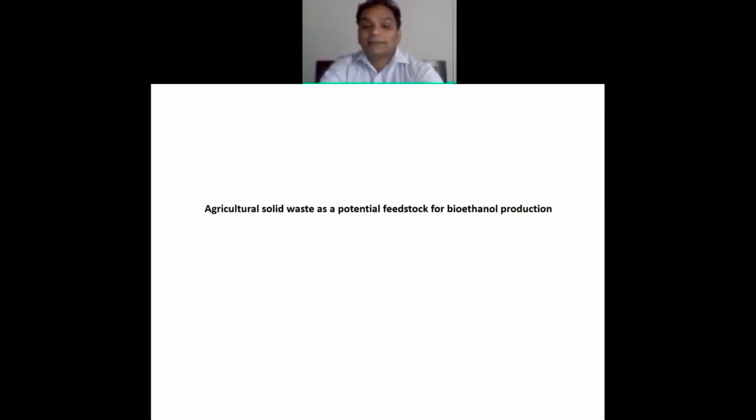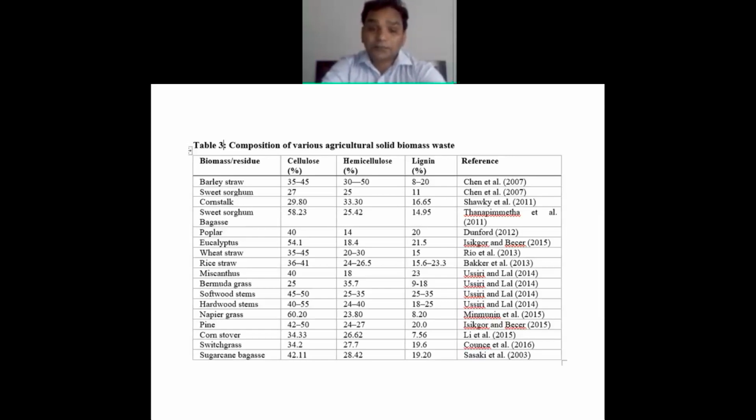Moving ahead, there are different kinds of biomass in agricultural land. India, being an agricultural country, produces a lot of agricultural waste. The list shows the principal components like cellulose, hemicellulose, and lignin, which we had highlighted in the slide.